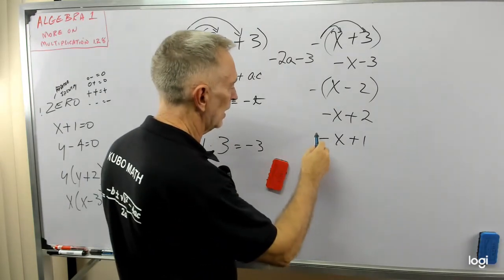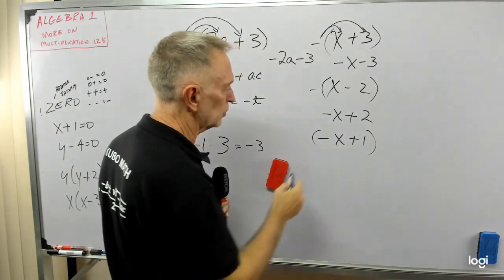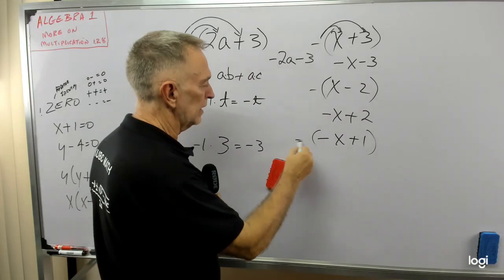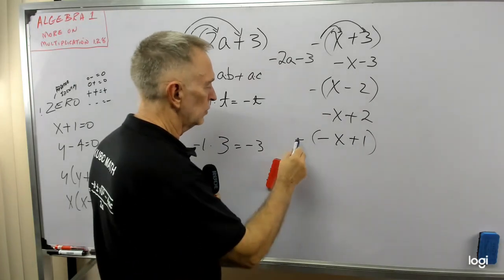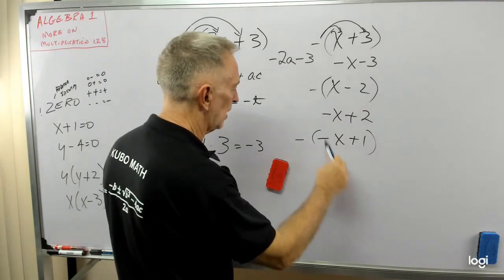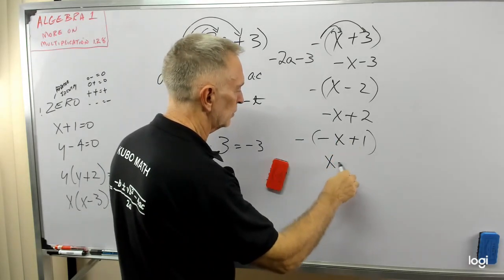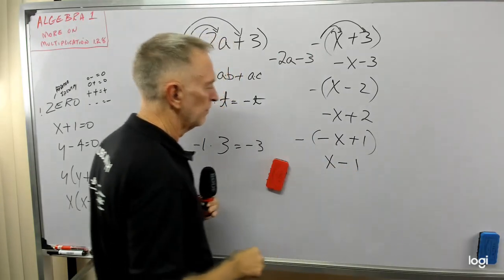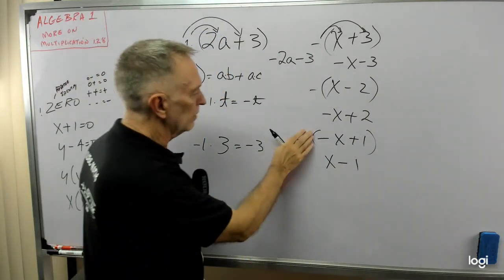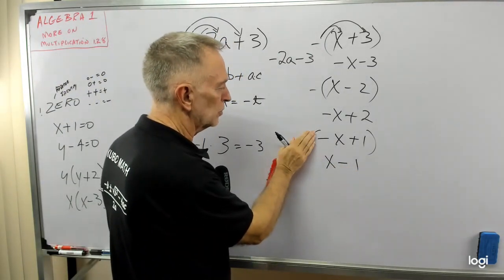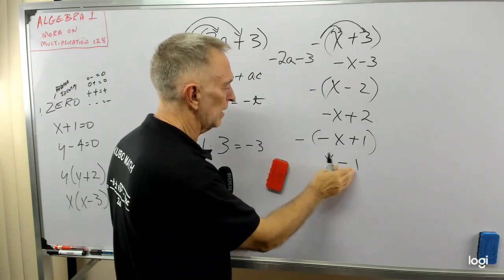Now this one, I have a -x plus 1. If I take the inverse of that, negative times negative is +x. Negative times positive is -1. So the inverse of -x plus 1 is x minus 1.